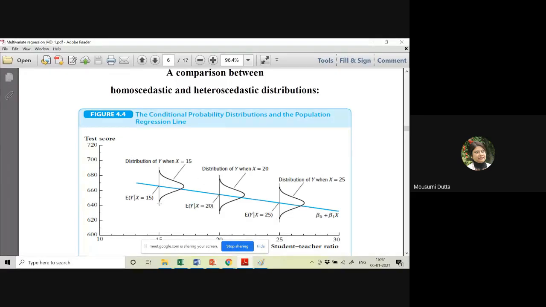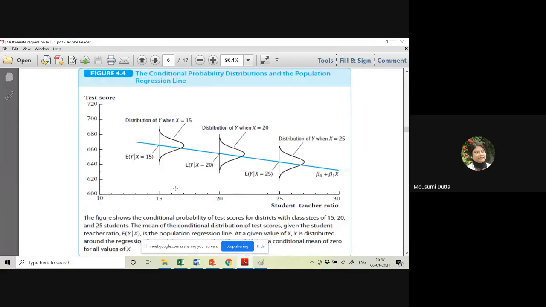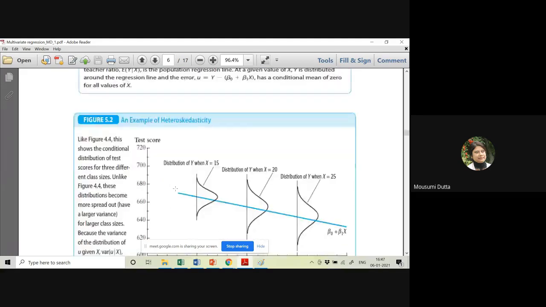Here we get the dispersion of the scatter around the exact relationship beta naught plus beta 1 x, and that is fixed. The dispersion is fixed, so this is the idea of homoscedasticity: the dispersion of the scatter around the fitted line is fixed.